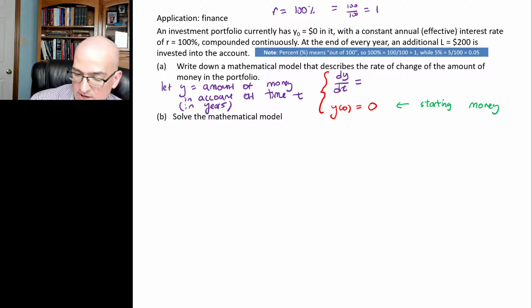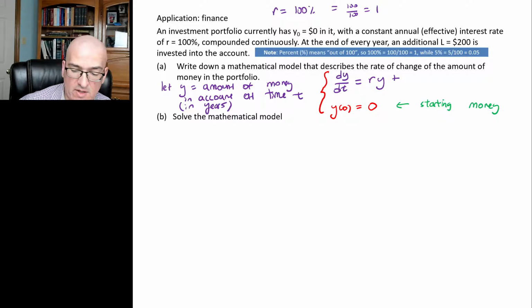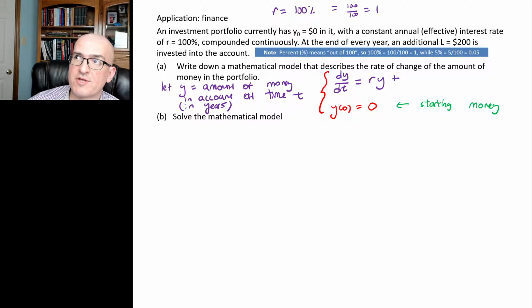So we would write that as R times Y, so the interest rate times Y, plus a term that we did not talk about in our population models. This is a term of, in a population model, a migration term. So for a bank account, it's a deposit term.